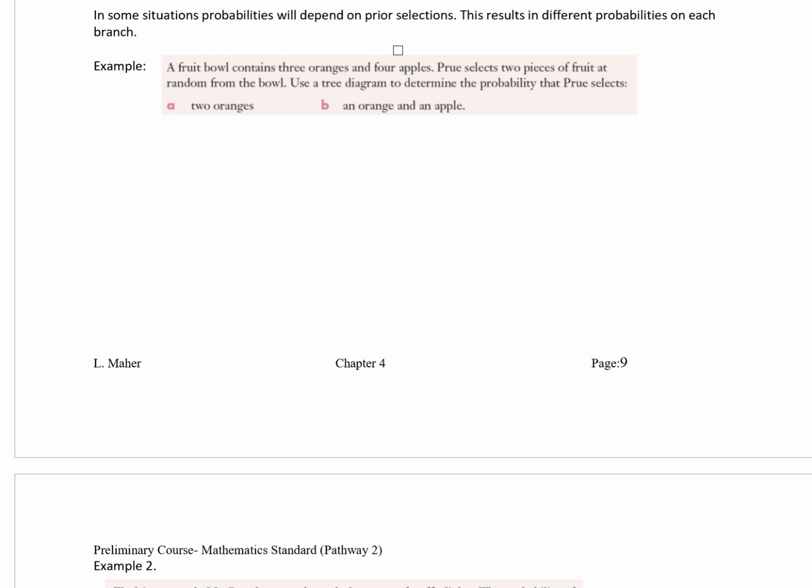Now, as you're going to see, because we can separate this into just 2 results, one being an orange and the other being an apple, we're going to be able to reduce the size of the tree significantly. However, those 2 branches will not be worth the same because there are more apples.